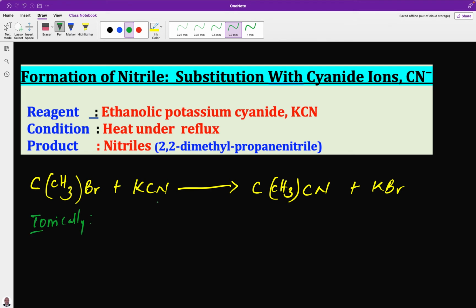We have 2-bromo-2-methyl propane, arrow, plus, in solution, this would dissociate to give a cyanide ion, and the cyanide ion attaches itself here.